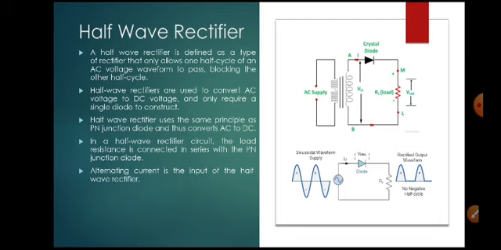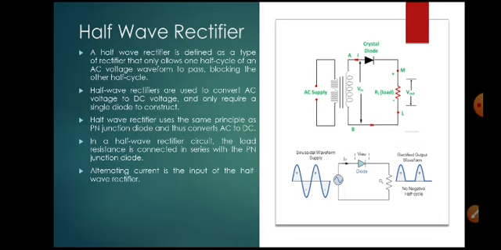A half wave rectifier is defined as a rectifier that only allows one half of the cycle of an AC current passing through the rectifier, and it blocks the other half of the cycle. A half wave rectifier is used to convert AC voltage to DC voltage, and only requires a single diode to construct.